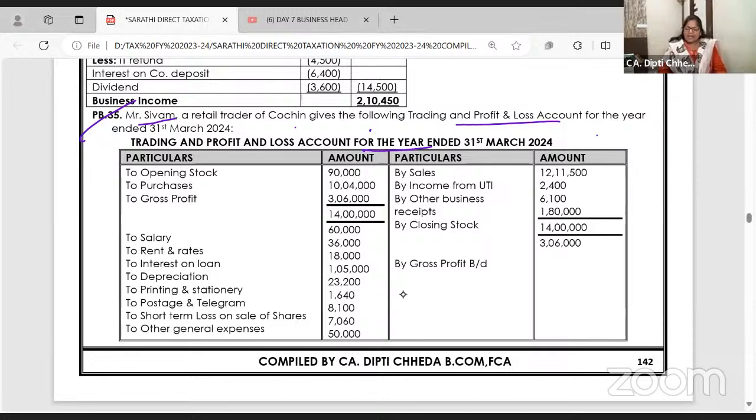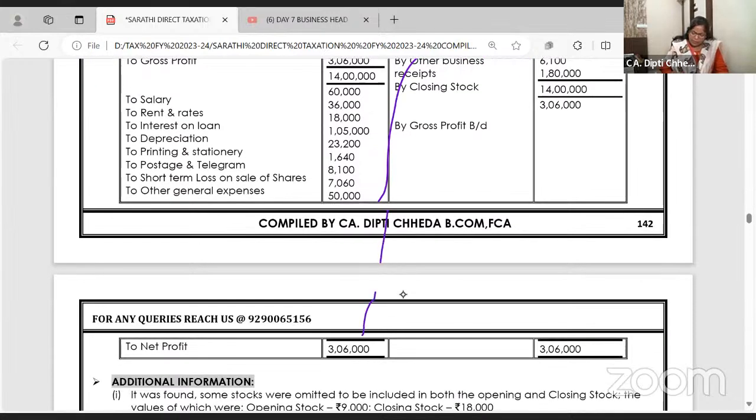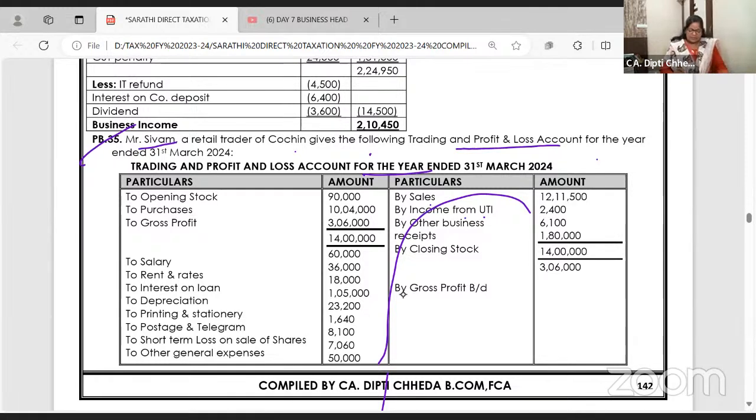So always start reading from the credit side. Sales, income from UTI. Now look, income from UTI is also credited, so part of the net profit. Correct or no? One second on this.